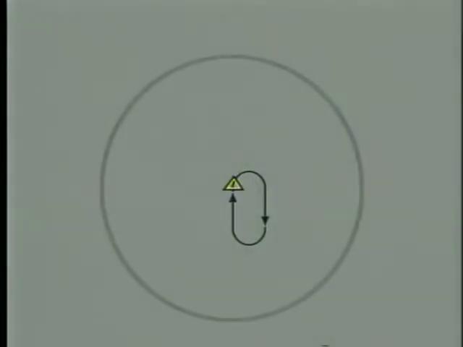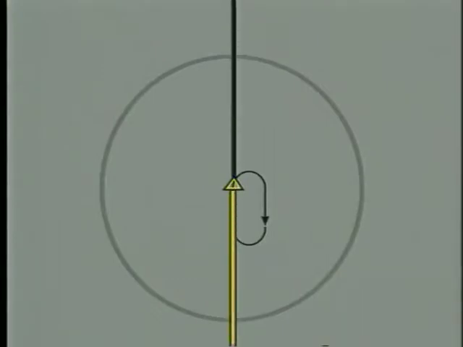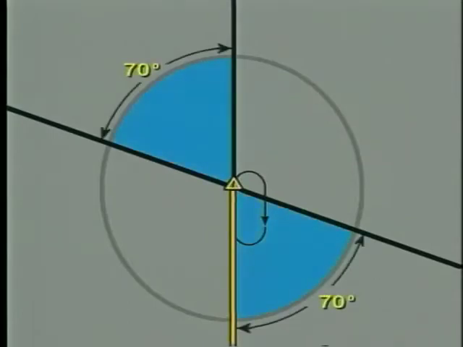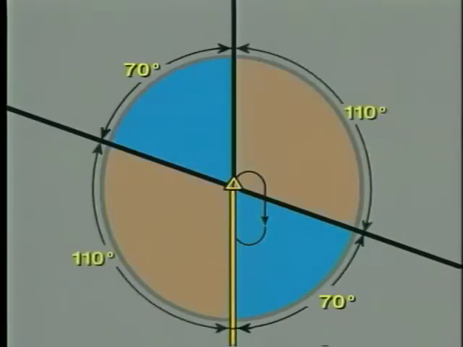The area around a holding fix is divided into sectors, which are formed by an extension of the inbound holding course and a line which crosses the course at an angle of 70 degrees, as measured from the inbound course on the holding side. This line, along with the extended holding course, forms 2 70-degree sectors and 2 110-degree sectors. The 2 sectors that border the holding course are combined to form a 180-degree sector.